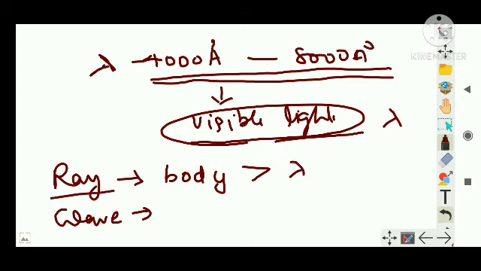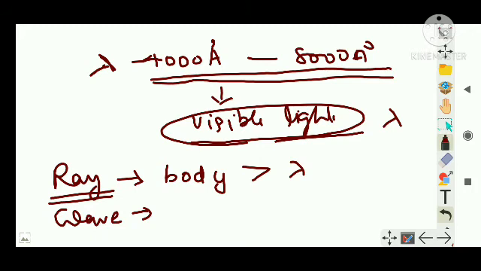The branch of optics which deals with the conditions where the object we are studying has a size much greater than the wavelength of visible light is known as ray optics.